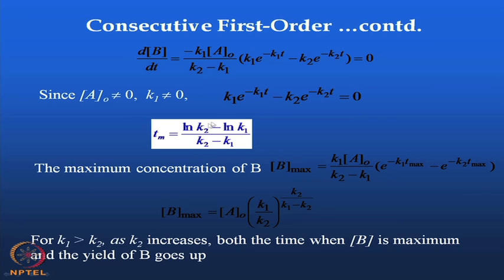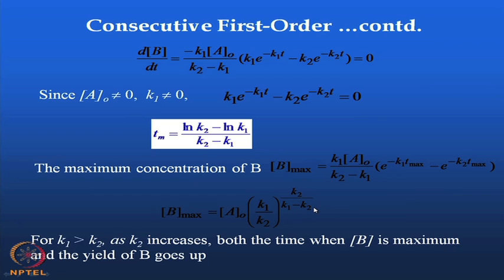With those conditions, as I told you, it is already stated that T max is equal to ln(K2 by K1) divided by (K2 minus K1). So, you can find out the maximum concentration of B, that is B max, which is like this. B max is equal to this, as I just wrote.